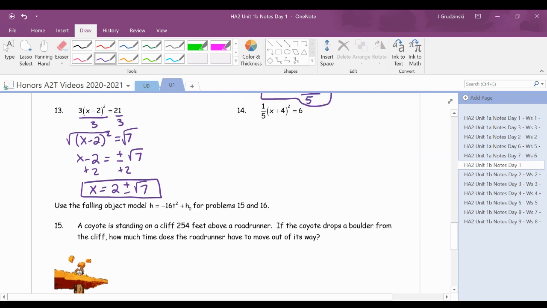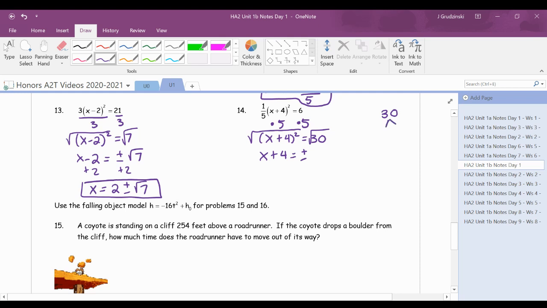And if we look at number 14, to clear out that 1/5, I'm going to multiply by 5 on both sides because a fraction gets cleared out by multiplying by the reciprocal. So I've got x plus 4 squared equals 30. Then I can square root both sides, and I get x plus 4 equals plus or minus.